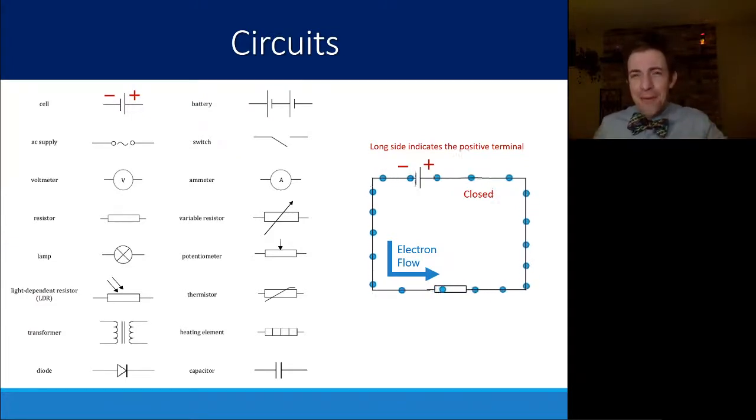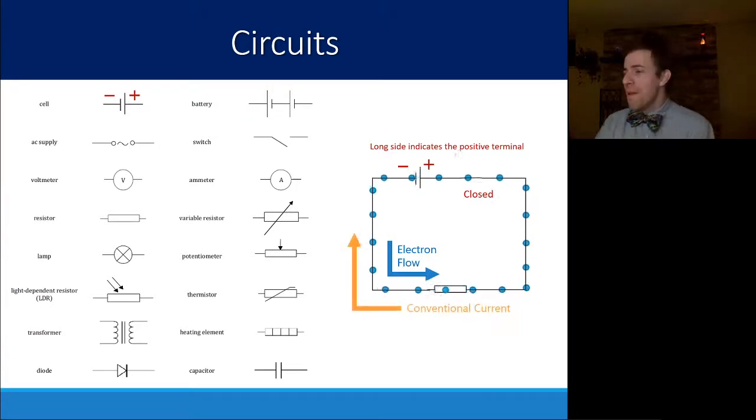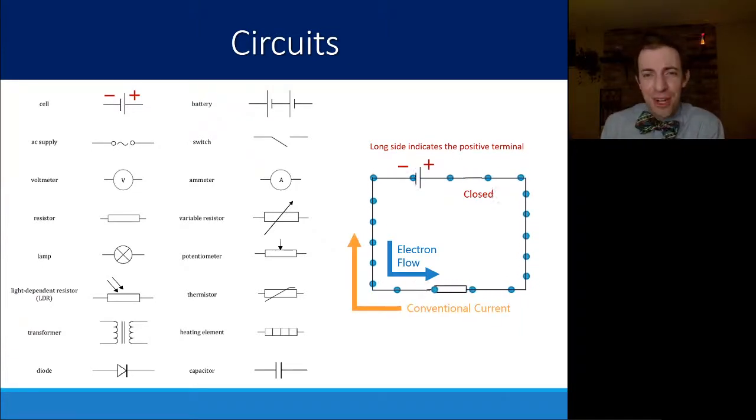One awkward, kind of annoying thing in the nomenclature and terminology in circuits is that this is not actually how we define the direction of the current, which is odd because this is the direction of the electron flow. What we call conventional current is technically the direction that a positive charge would flow.